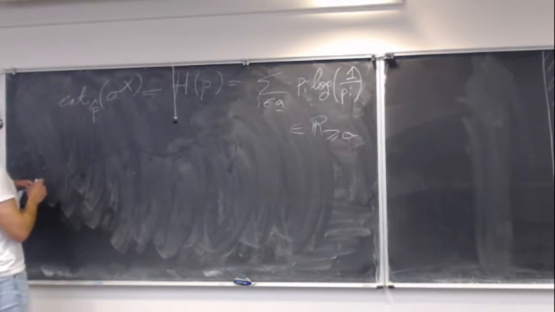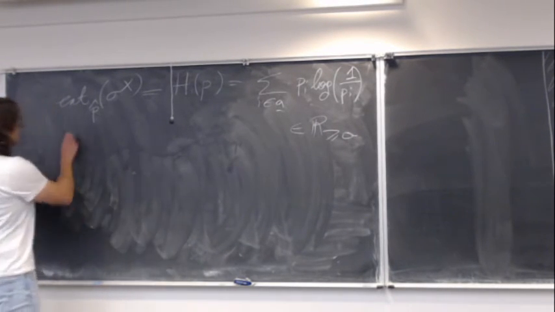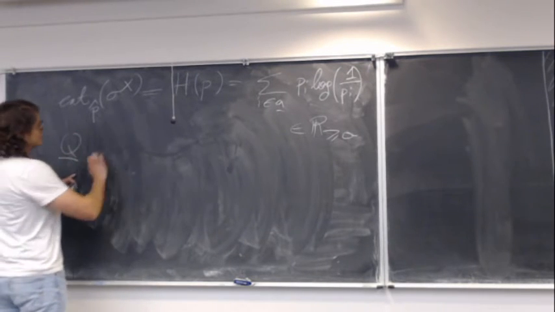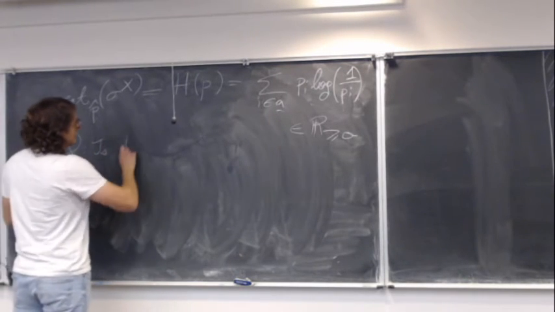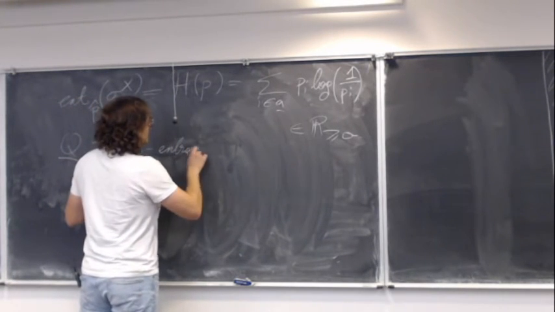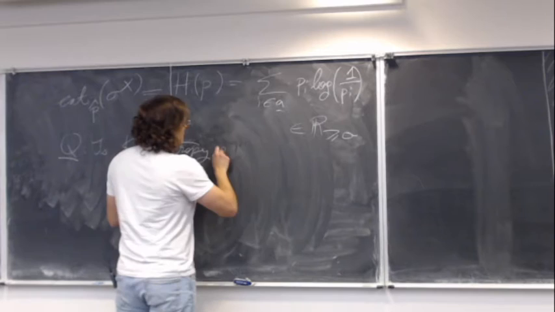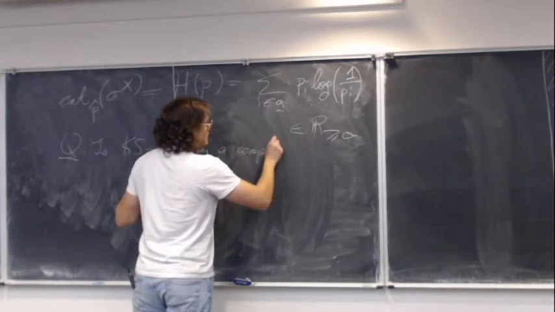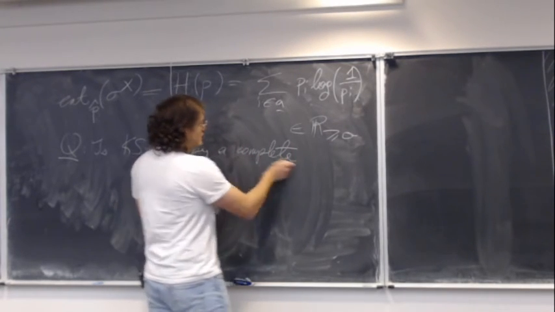So now the question is, is Kolmogorov-Sinai entropy a complete invariant?